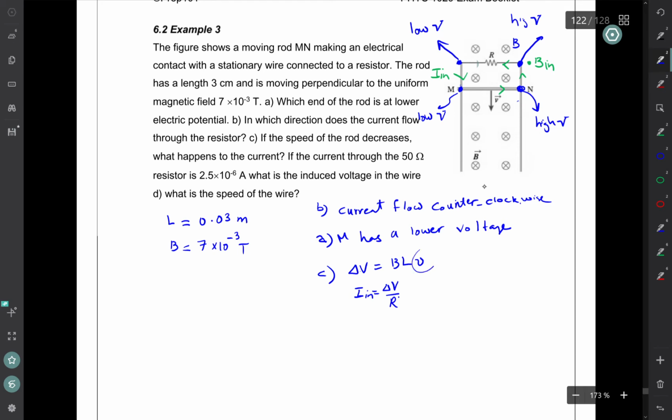Now, if you decrease the velocity, the induced voltage will decrease. Decreasing the induced voltage would decrease the induced current. So I can look at both equations and say that I induced decreases.